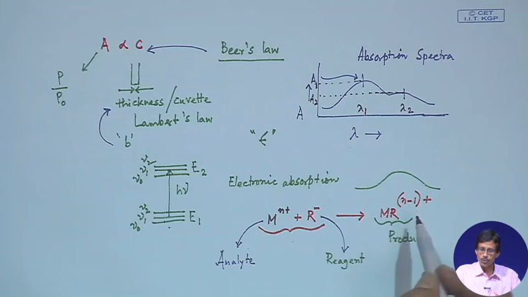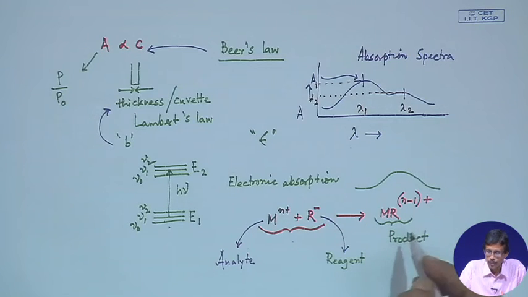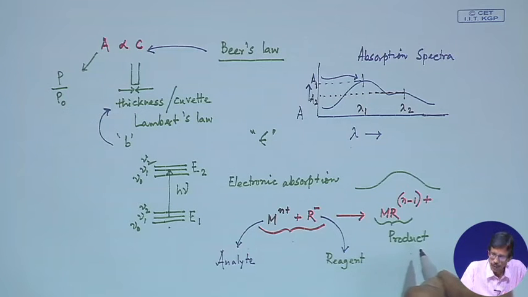We should take care of those things, such that you have a direct product formation and this reaction goes towards the right-hand side, and the maximum amount of product formation can lead to enrichment of its concentration, responsible for its coloration and its corresponding color absorption.